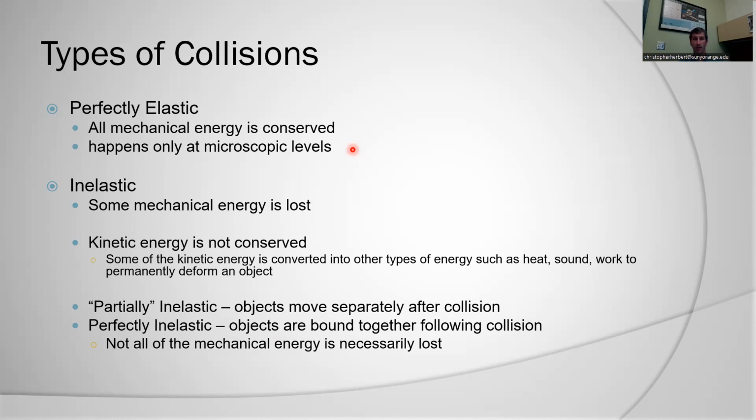Almost all collisions are not perfectly elastic, unless it's happening on the microscopic scale, where it's hard to dissipate energy in the form of friction. In inelastic collisions, some of the mechanical energy is lost. So we only have conservation of momentum to go on when we're calculating this.